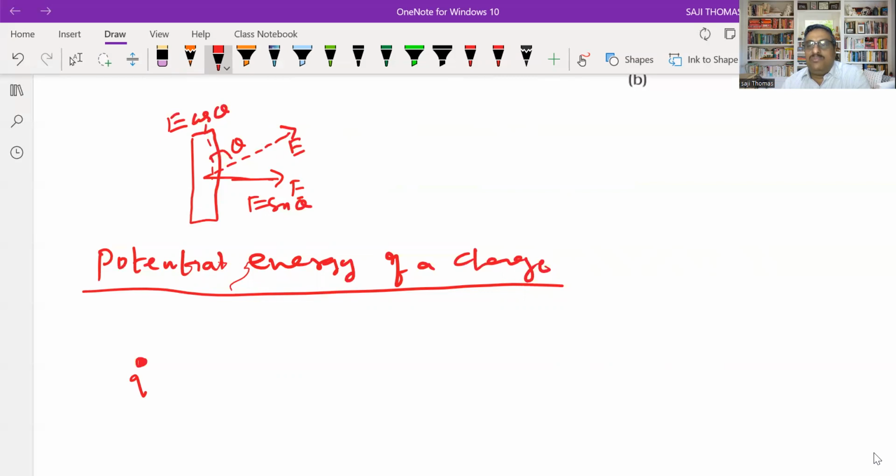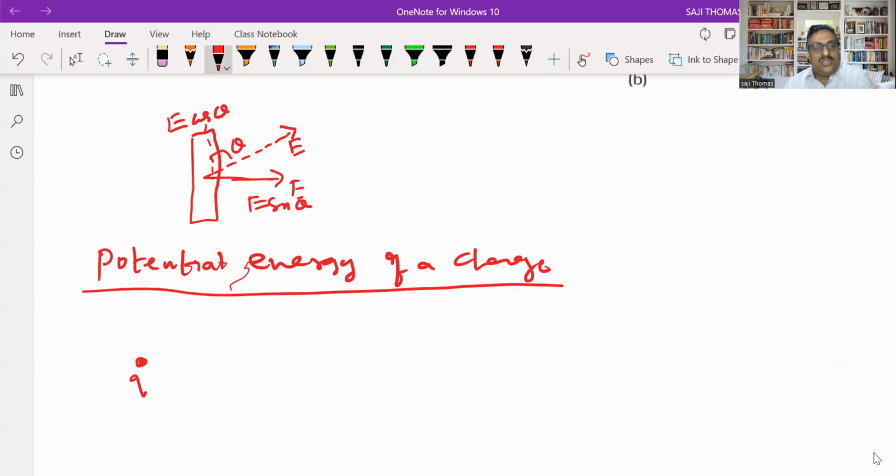Okay? If we move a positive charge in the field of this charge, we need to do work against the repulsive force, right? This work done is stored in that charge as its potential energy.